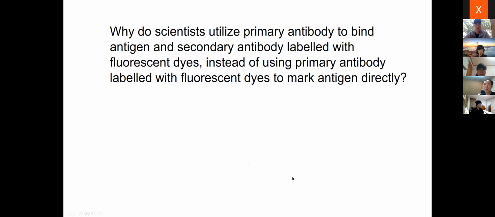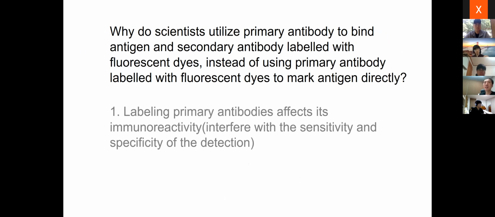Now, this question I gave you: rather than just using a primary antibody and labeling each of them, which may be straightforward, why do you want to use a secondary antibody? Well, a standard answer is that if you label the primary antibody directly, maybe the function is affected.